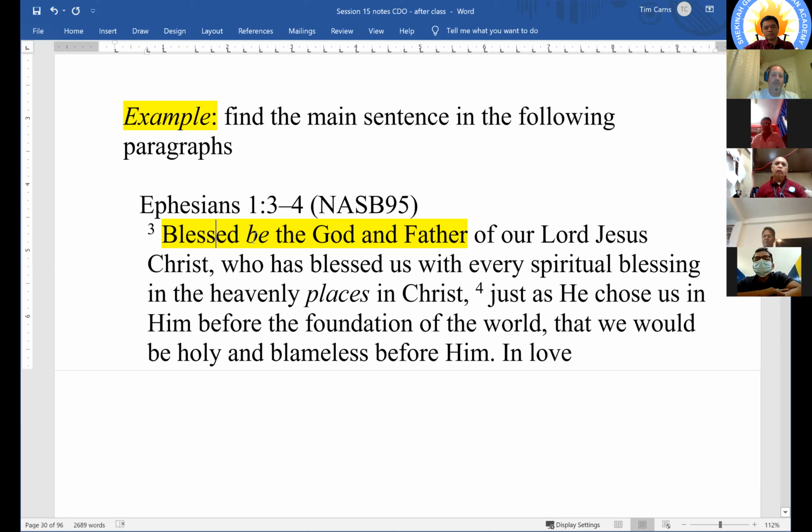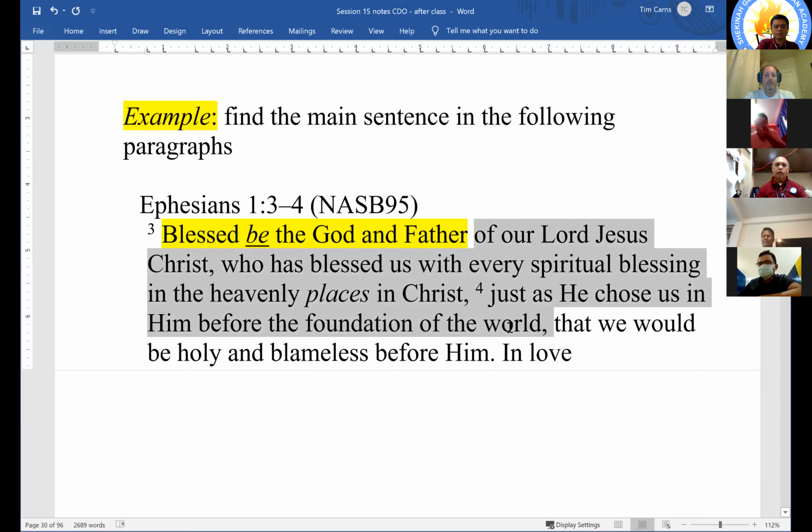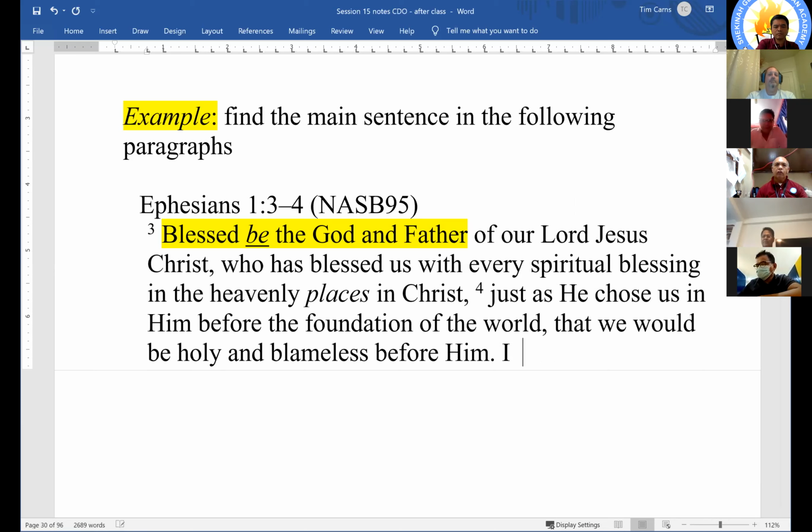Be is the verb here. It's a state of being. God is my subject, and then blessed is describing the state of that subject, so to speak. And then every other, look at all these other words, are phrases and clauses.